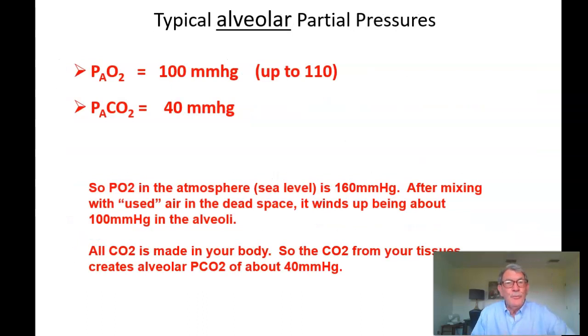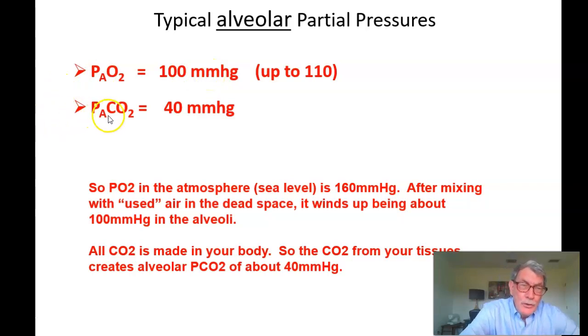That's what it's supposed to be. Now, if you're breathing pretty fast and you have lots of oxygen around, it can go as high as 110. So that's not bad to have more oxygen in your alveoli, but 100 is the number you really need to remember. Remember, the big A, the partial pressure in the alveoli of oxygen, is about 100.